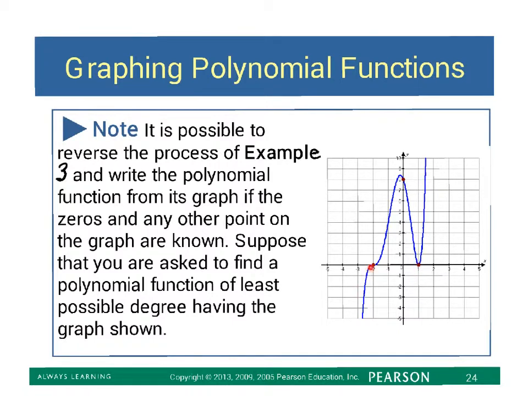But this time we're going to look at how it crosses the x-axis to help us in determining the degree or the multiplicity that it has. And then also determine the y-intercept to help us in finding that value of a. So we have a possible function of what this graph actually is. We're going to do the reverse process of what we just did.